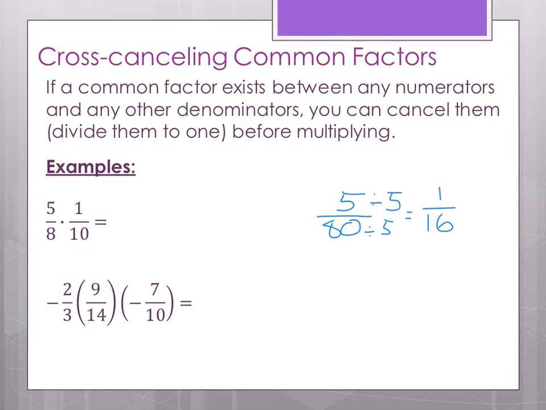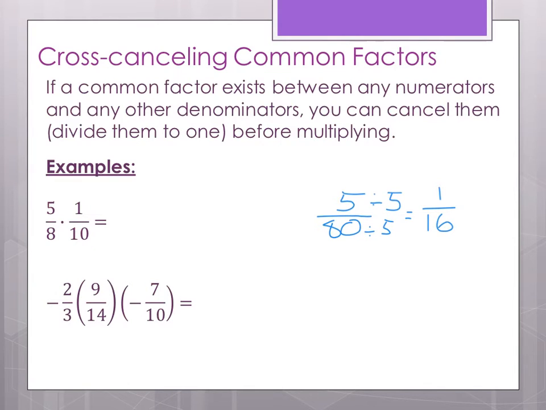Now we can actually take the common factors out first before we multiply to avoid getting big numbers like 80 in there, and that kind of eliminates that simplification step at the end. And I'll show you how to do that now. To do this, we have to look for a common factor between the top and the bottom of two different fractions, and we can divide them out before we multiply. So here, I notice that there's a common factor between 5 and 10.